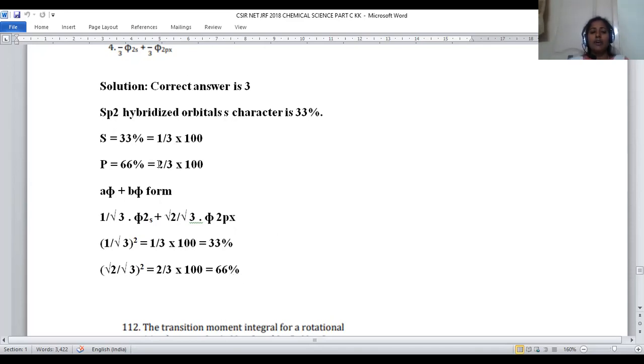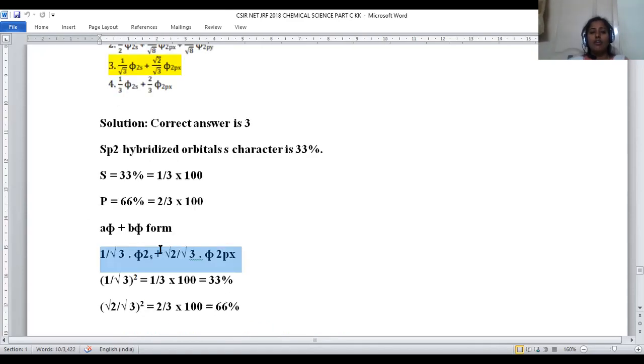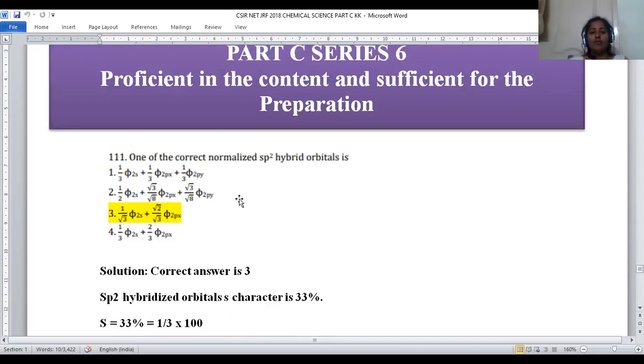Again, it matches the p orbital contribution of the sp2 hybridized orbital. Hence, the correct representation of the normalized sp2 hybrid orbital is 1 by under root 3 psi 2s plus under root 2 by under root 3 psi 2px. That's the reason why for question number 111, the answer will be the third option. Third option will be the right answer.